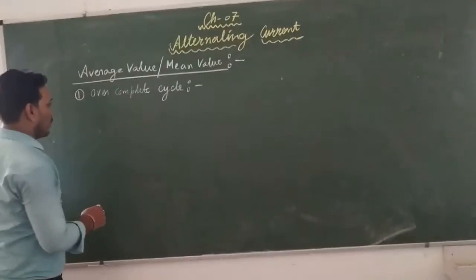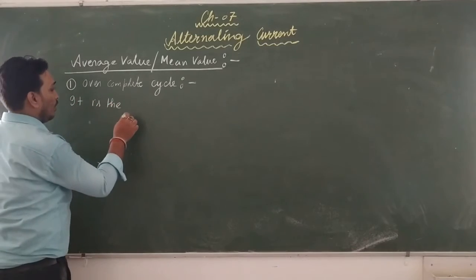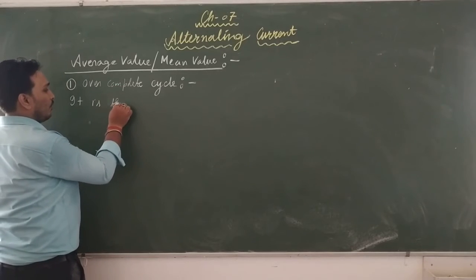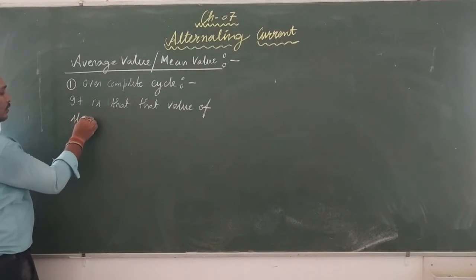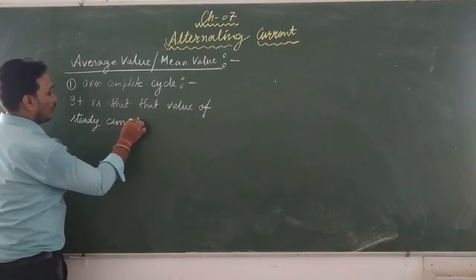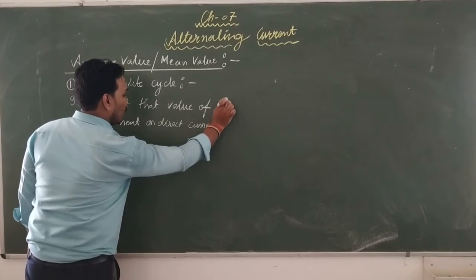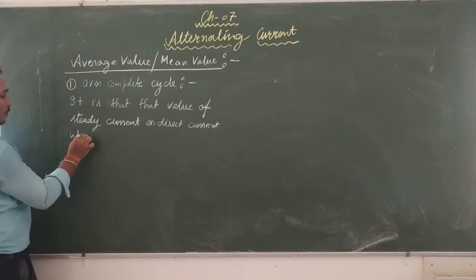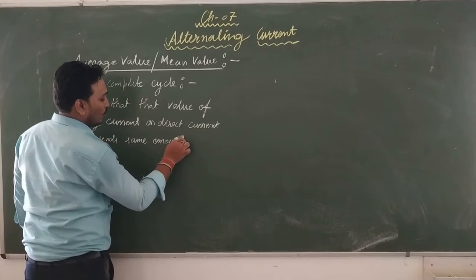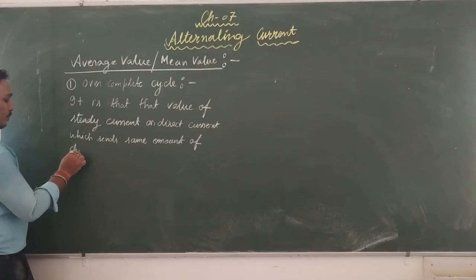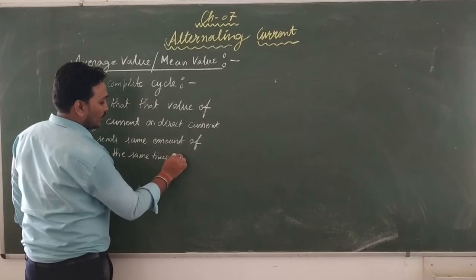So how do we define it? Let me give you the definition first of all, then after I explain it. So over a complete cycle, it is defined as that value of steady current, or in other words, direct current, which sends the same amount of charge in the same time interval.